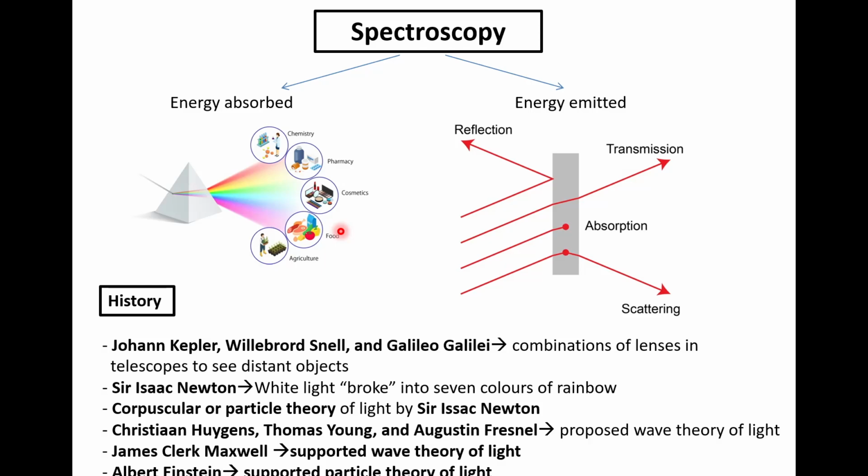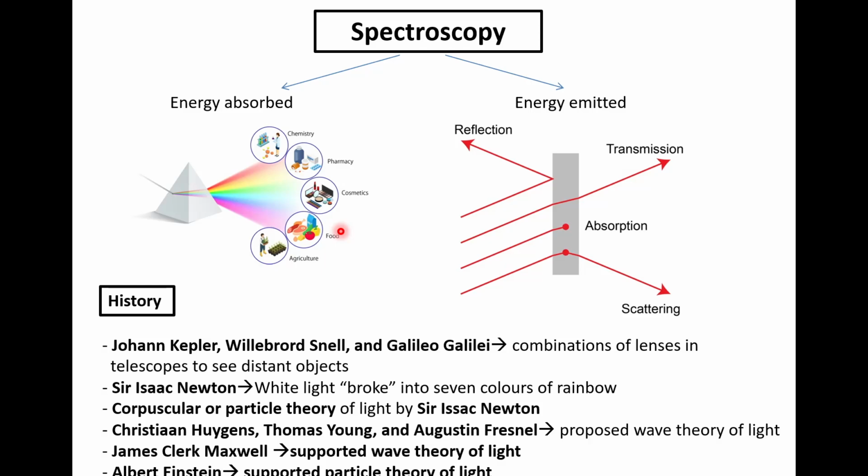One is James Clerk Maxwell, who supported the wave theory of light through different experiments. The other is Albert Einstein. Mostly when we hear the name of Albert Einstein, we imagine the general and special theory of relativity.